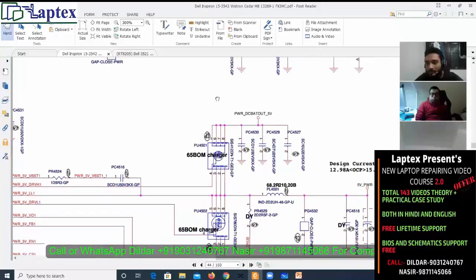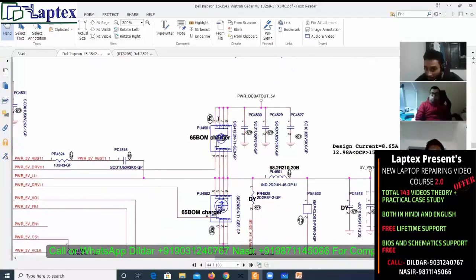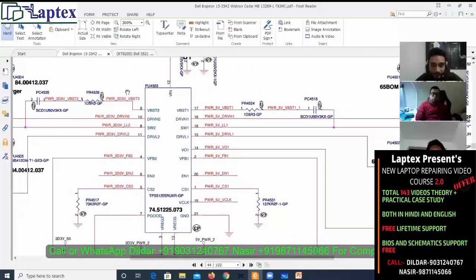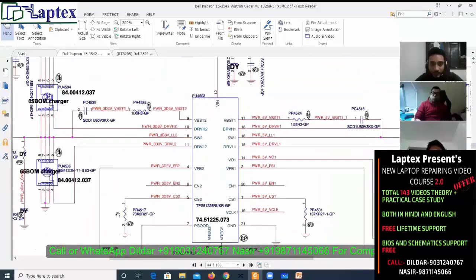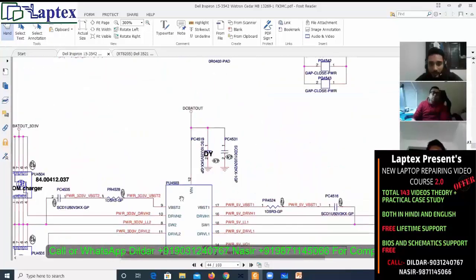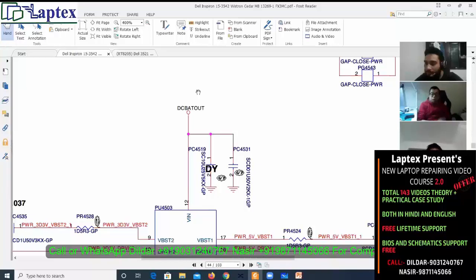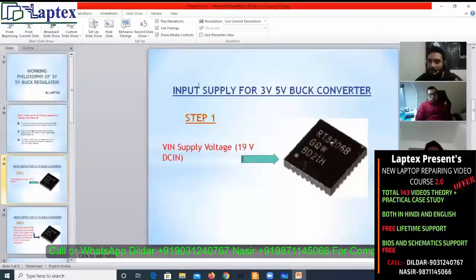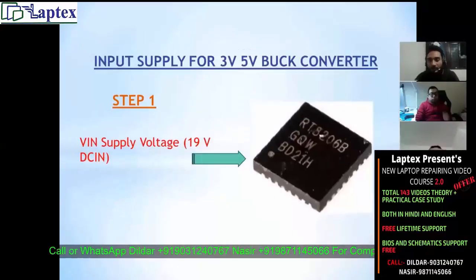And also see here, this V in. What does this V in supply? DC bat out. And this DC bat out is 19 volt, right? The first supply coming to the 3 volt 5 volt section is V in, that is the 19 volt.